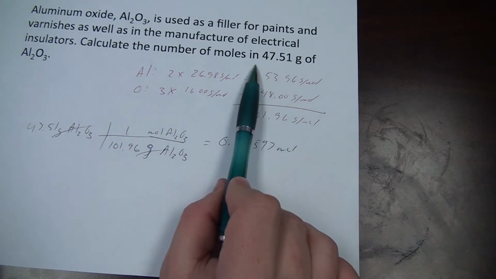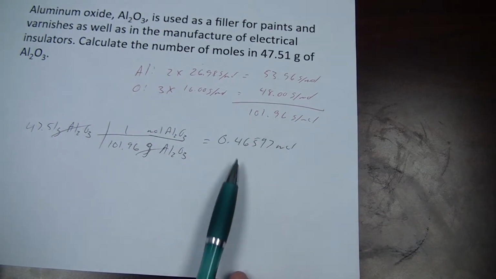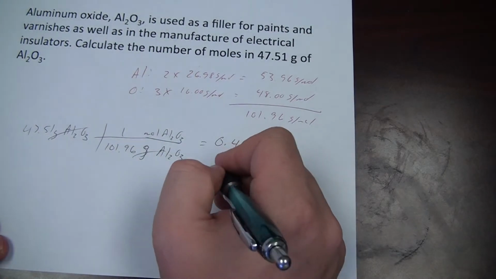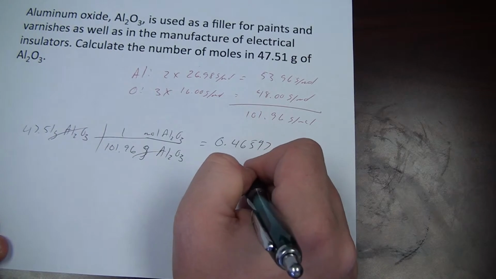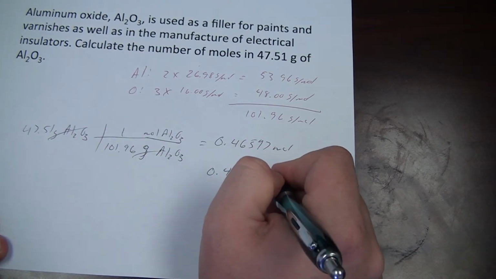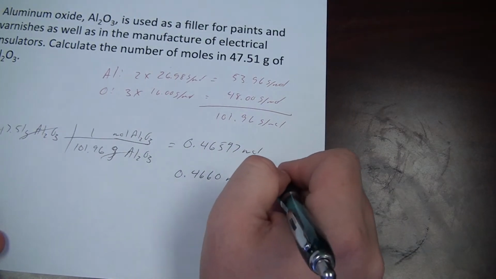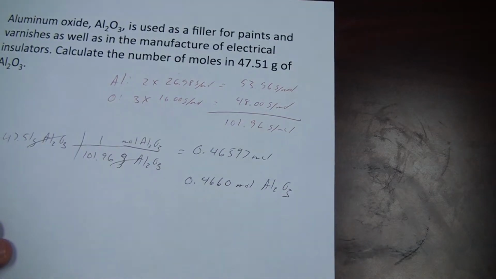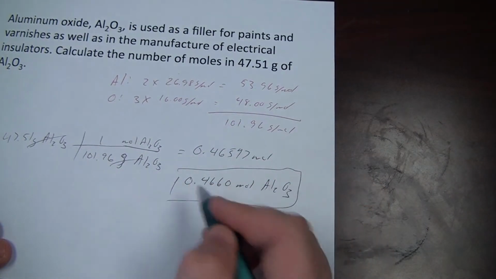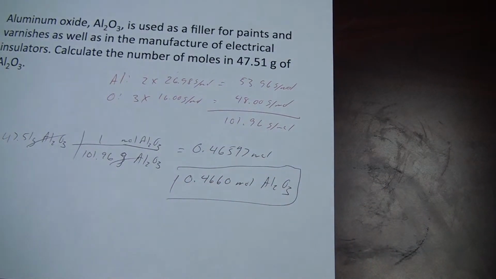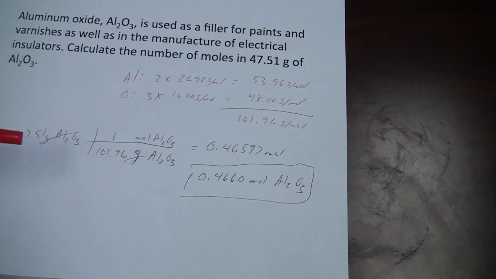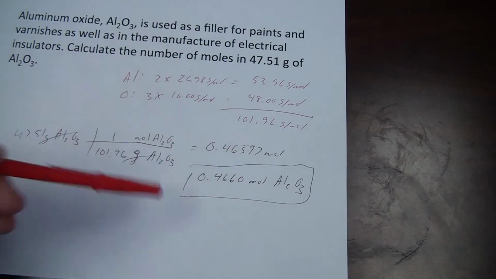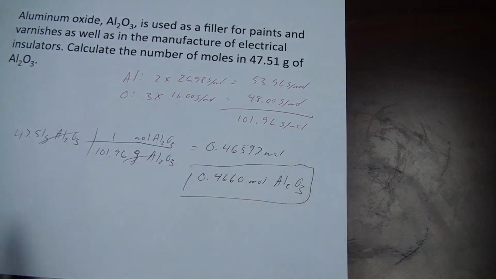Now we have 4 here, more there, so this should be rounded to 4 significant figures, or 0.4660 moles of aluminum oxide. So again, we're combining this idea of the molar mass with dimensional analysis to get us this new value.